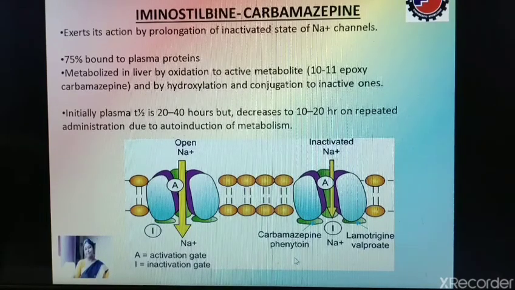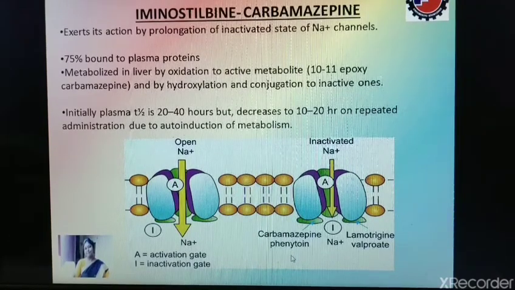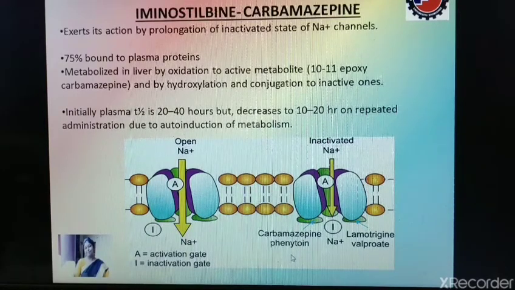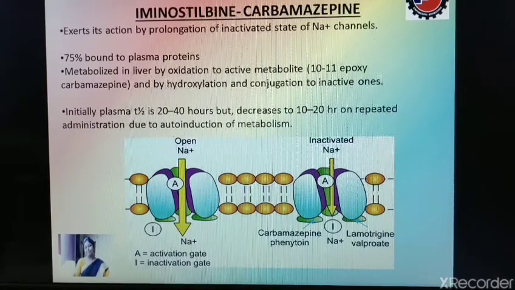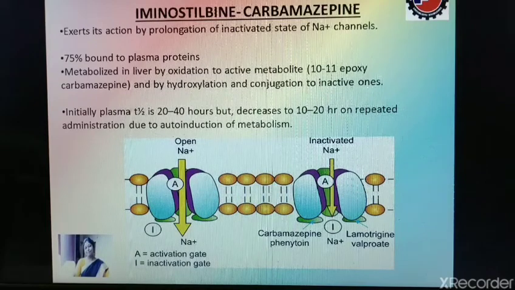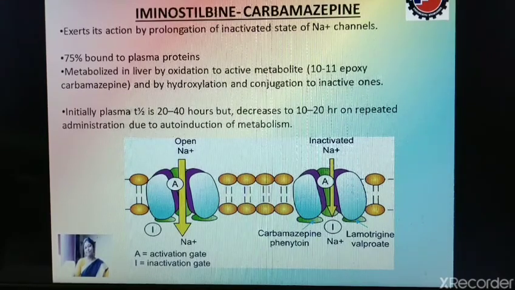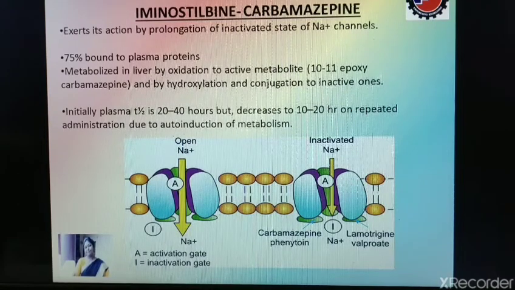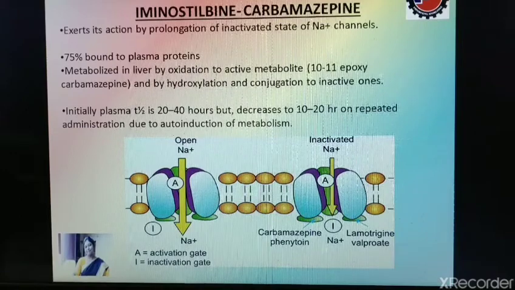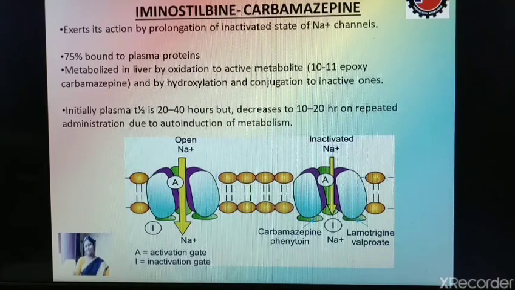What does it do? It exerts its action by prolongation of the inactivated state of sodium channels. That is, these drugs affect the membrane excitability by an action on voltage-gated sodium channels, which carry the inward membrane current necessary for the generation of an action potential.